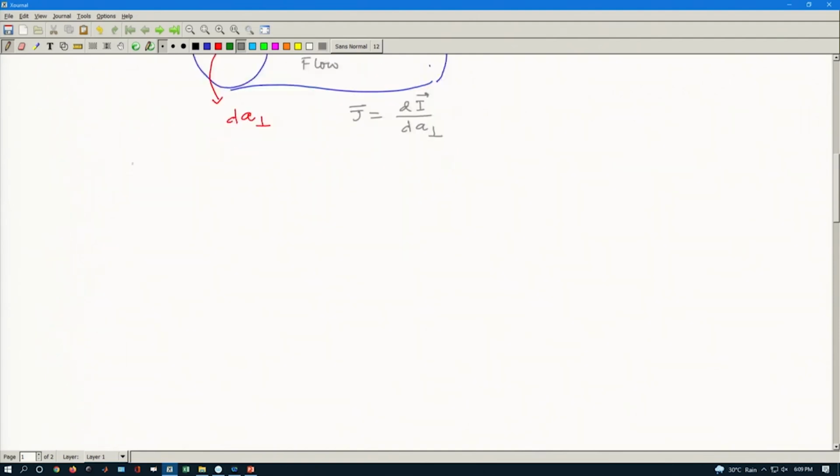So, the charge per unit time leaving a volume V is this quantity, which is simply the integration of the divergence of J dV.